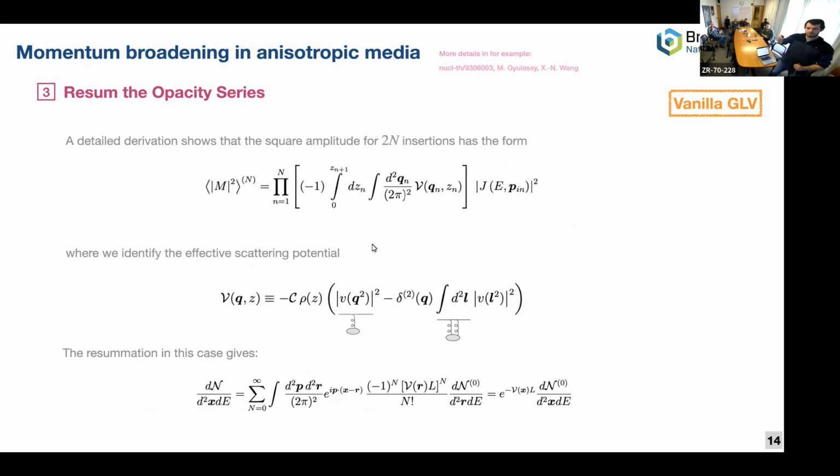So essentially, the idea is that in this approximation, each insertion becomes decoupled from all the others. So when you have n insertions, you just have to put n of these v's, which is some effective potential, which takes into account real and virtual gluon exchanges. But the point is that because all of these exchanges become decoupled from each other, essentially at the end of the day, they just exponentiate into this form. And that's the trivial result that we use.